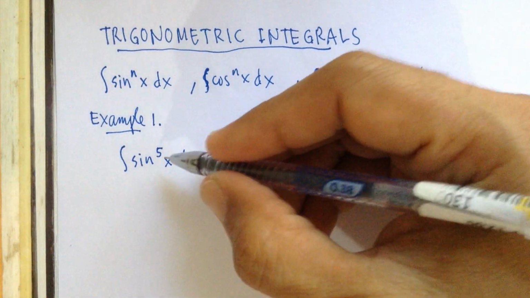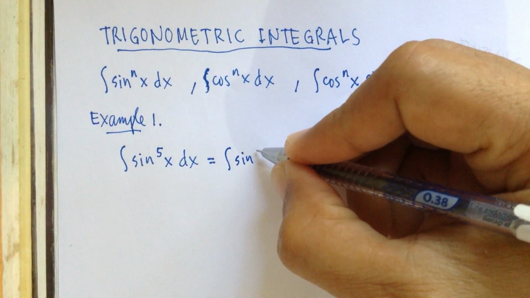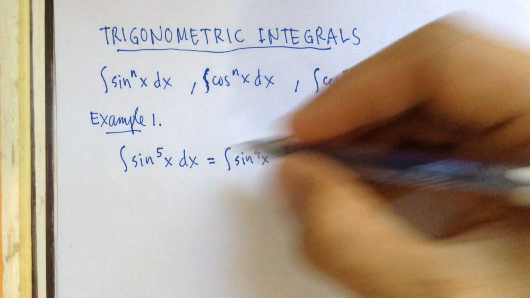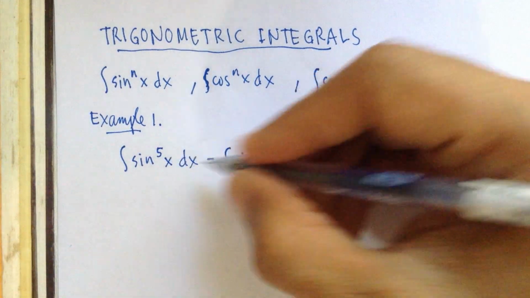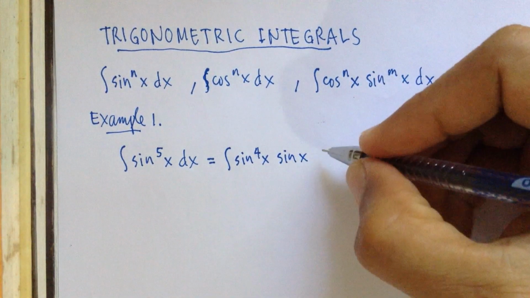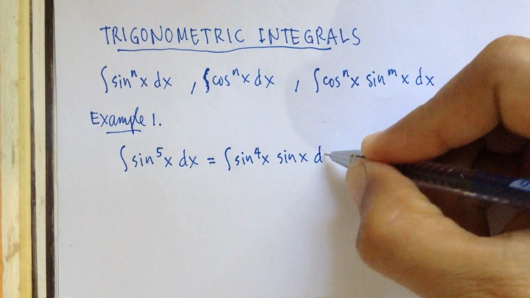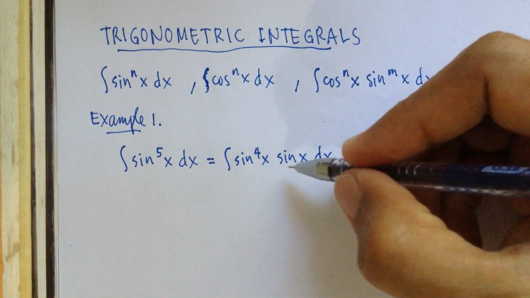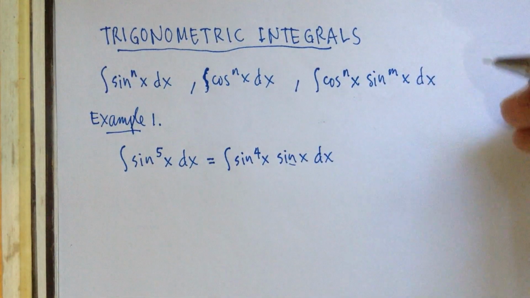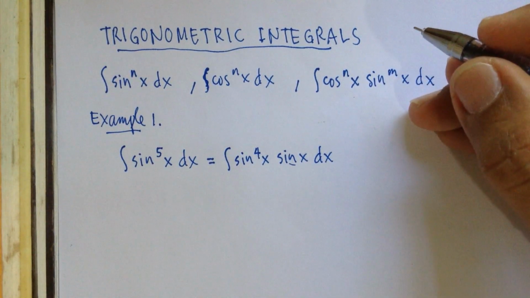First, we will try to separate a factor of sine of x, so that we have the integral of sine to the 4th x times sine x dx. The purpose of separating this is that we want to write this in the form of the integral of u to the n du.